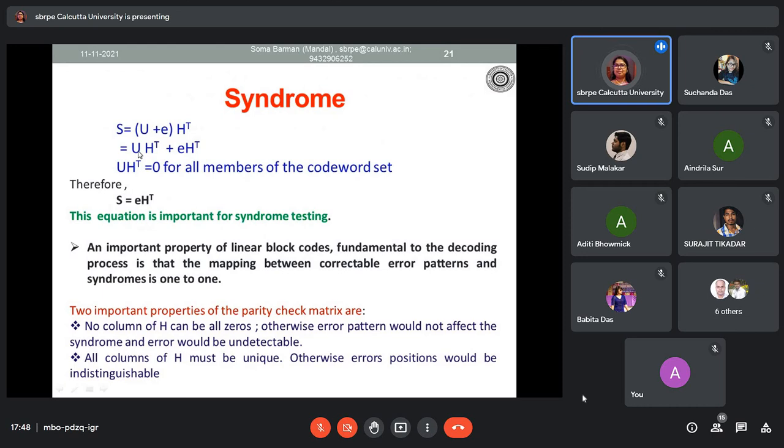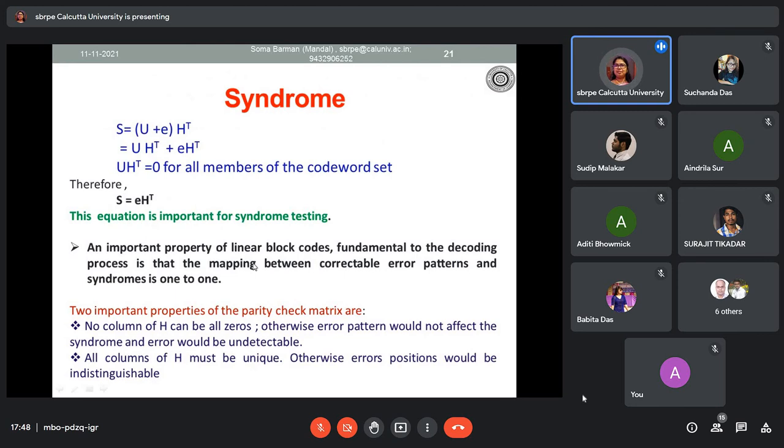U is generated from G, so this is G H transpose, and G H transpose must be 0 because of the orthogonality property. So U H transpose should be 0 for all members of the code word set. So what you get is S equal to E H transpose. This is very important for syndrome testing.